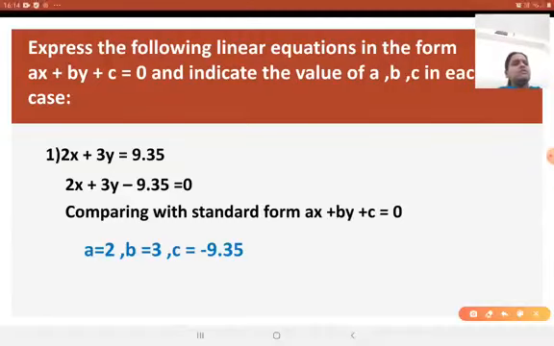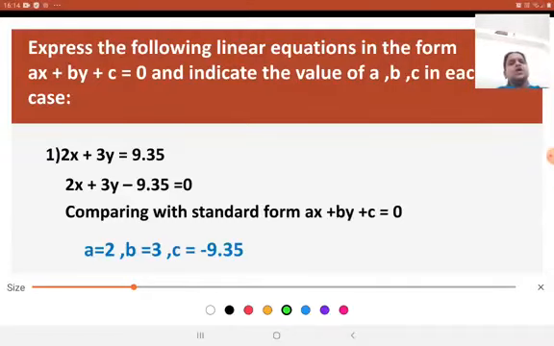In a given sum, it is given as 2x plus 3y is equal to 9.35 bar. I will specifically write it because it is not possible for me to type it over here. So while writing, write the bar also. Okay. So our question is what? 2x plus 3y is equal to 9.35 bar.